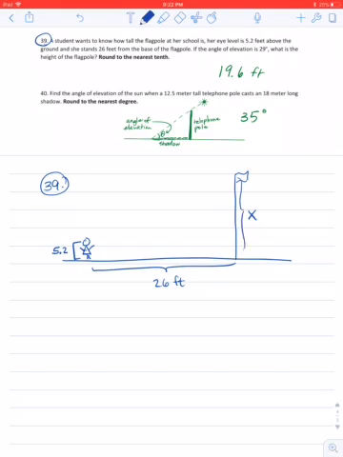So if we create this triangle, remember it's from her line of sight, so from her eyeball right here to the top of the flagpole, that's going to create almost a triangle, but then I have to consider this horizontal distance here.